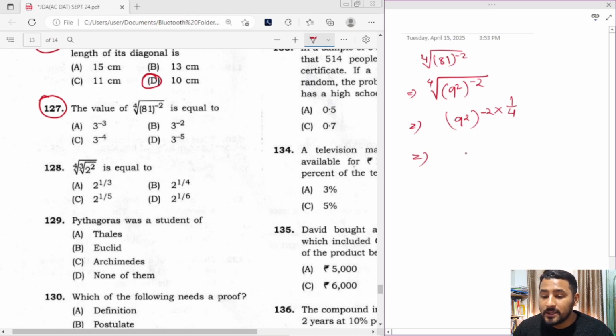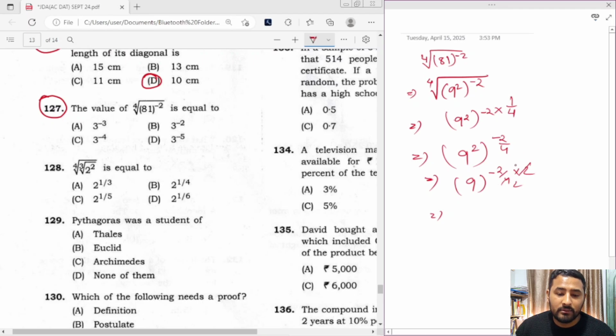So 9 square to the power minus 2 by 4. Then you'll get 9 to the power minus 2 by 4 into 2. Powers can be multiplied, okay? So you get minus 1. This 2 cancels. We get 9 to the power minus 1.